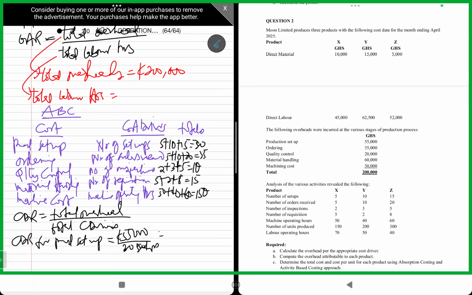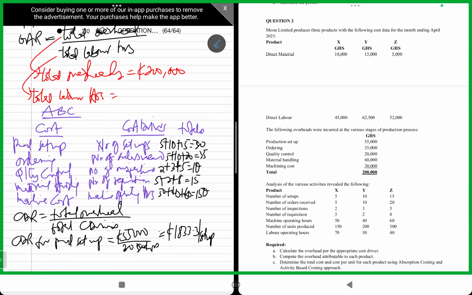So that's it. What do we have? 1833.3. Per what? Per setup, right? Now, you can do this for all of them.